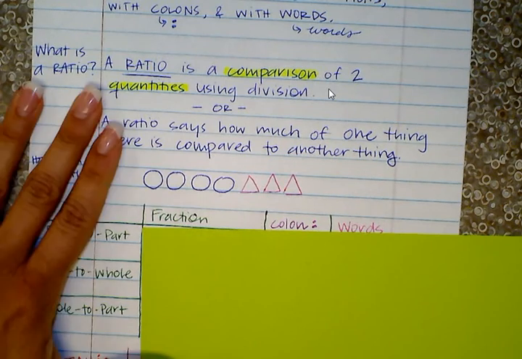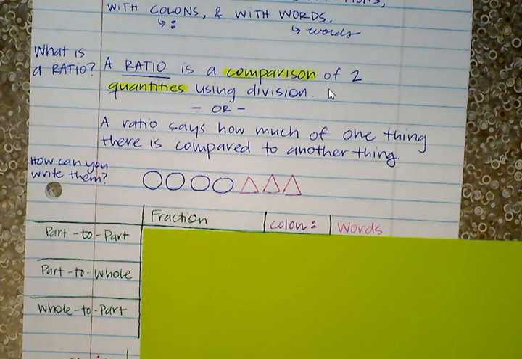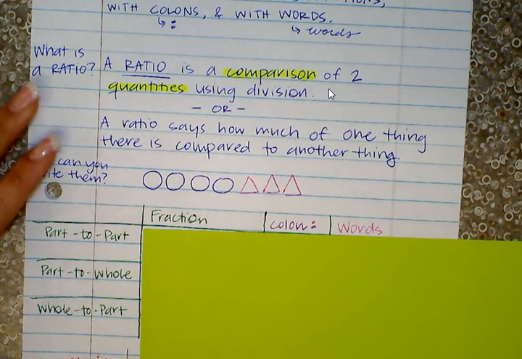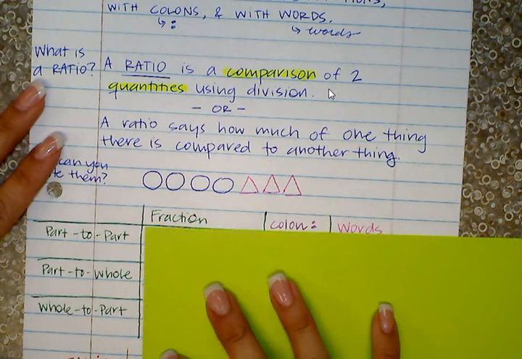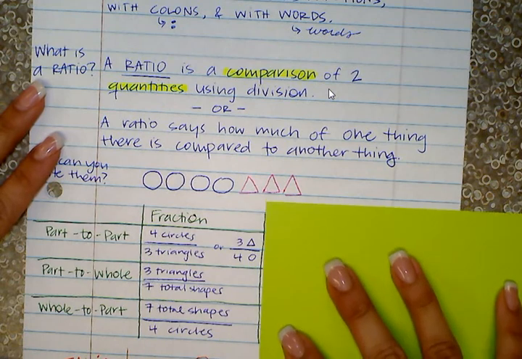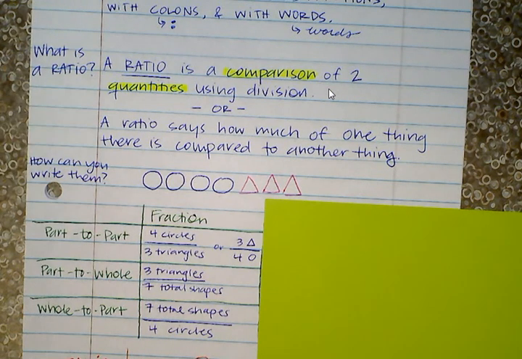And we're going to learn how to write these with fractions, colons, and words. Let's concentrate on the fractions first, because that's what you understand. Let's look at the part to part, circles and triangles. Your question is going to ask, what is the ratio of circles to triangles?